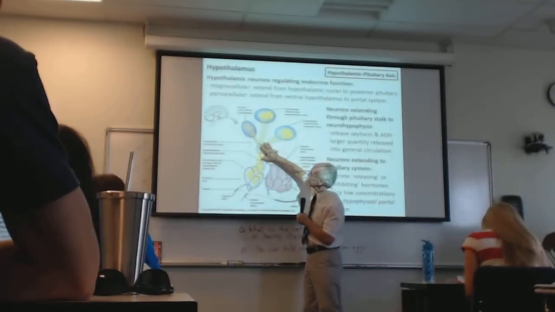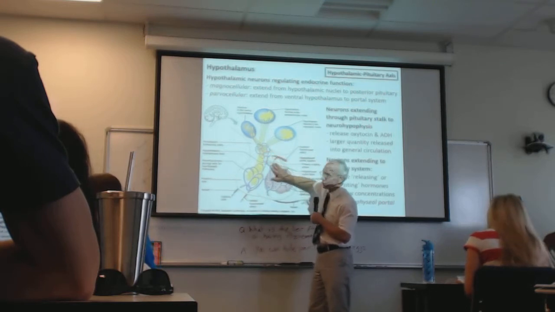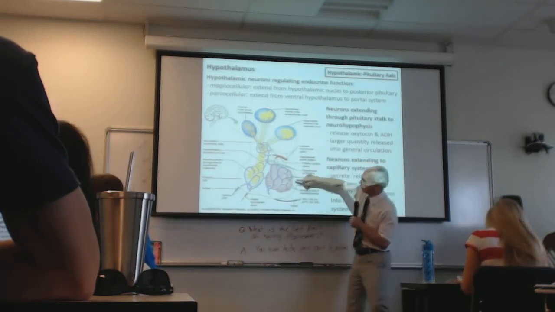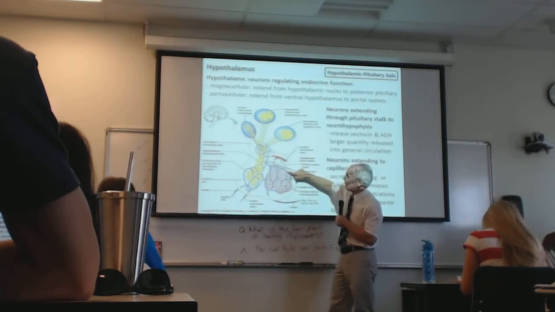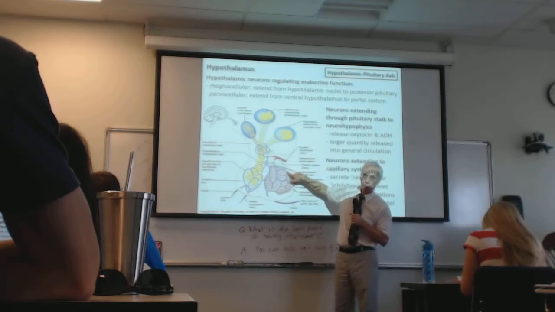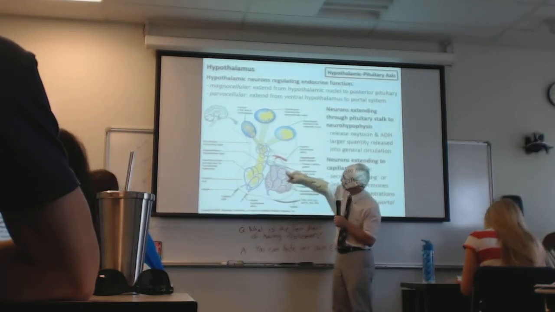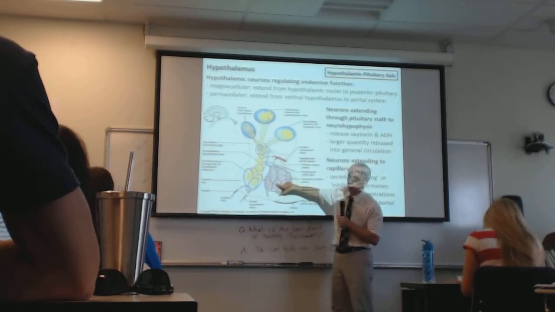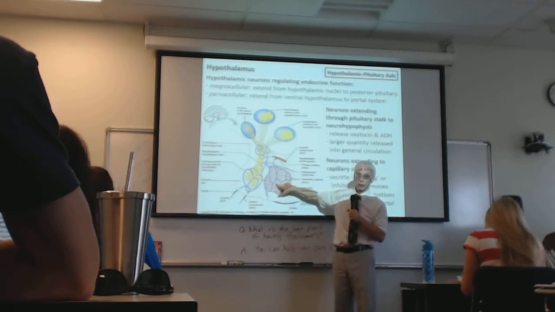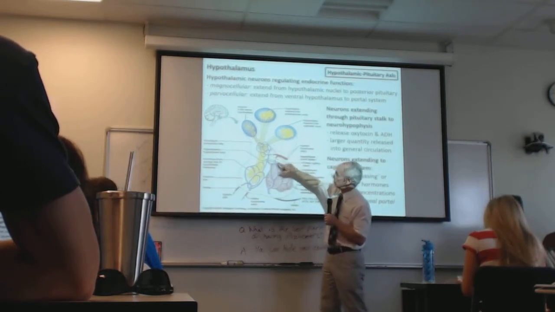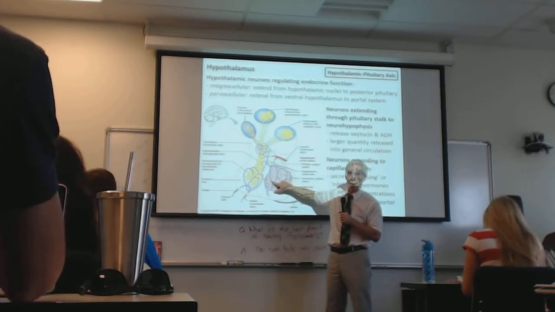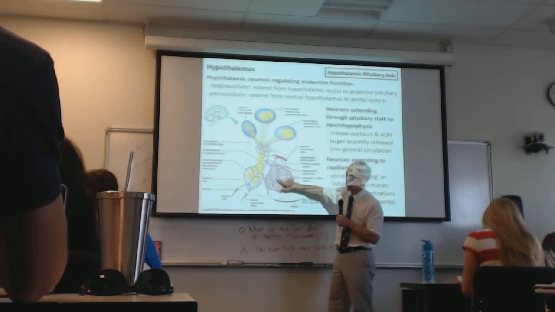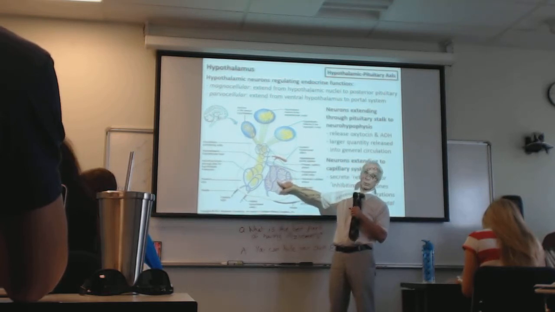They travel down to the anterior pituitary gland by that portal system, where they bind to receptors in the cell membranes of these sort of brownish cells here, which are not neurons. These are endocrine cells. And when the parvocellular hormones bind to receptors in the cell membranes of the endocrine cells, that causes the anterior pituitary cells to begin releasing their hormones.